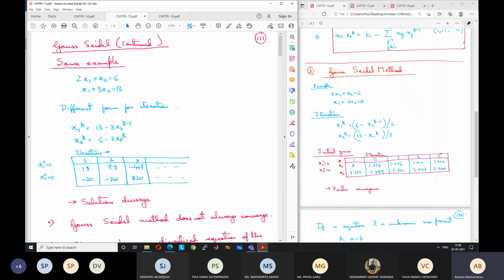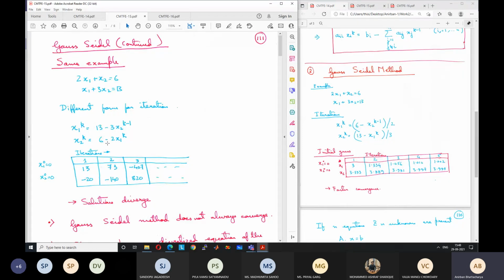So now if you do the calculations, let us try to do a few steps. Let us start with 0, 0 as the initial guess values. So x1 will be 13 minus 0, so 13. Then x2 will be, with the new value 13, 6 minus 2 into 13.